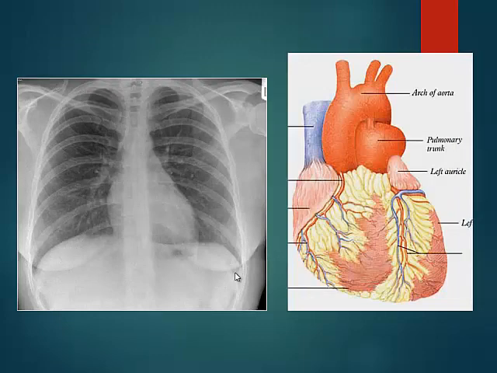So if you look at a chest radiograph and see what are the different structures in relation to the anatomy we see. On the right side, starting from cranially, what is this structure normally formed by here, this area? You can see here, that's the SVC.